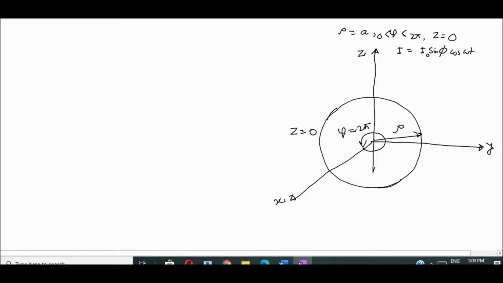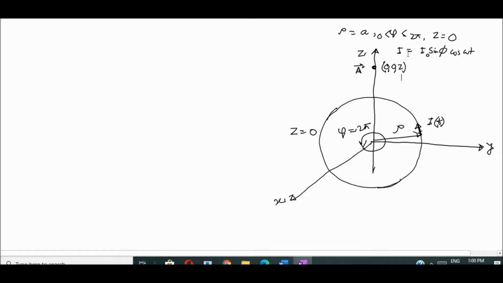Now the current is located in this phi direction. That is the time-varying current, I(t). Now we have to find the vector potential A at this point.